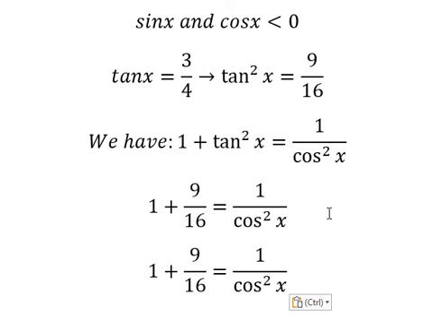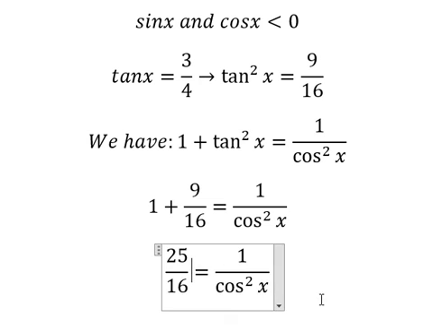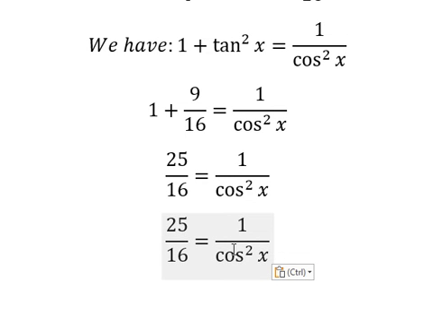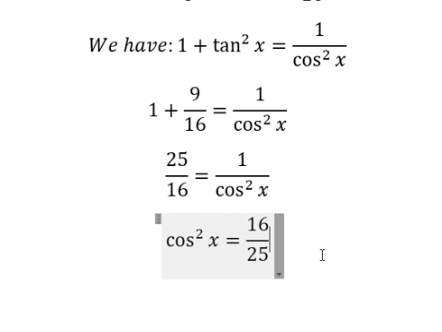We calculate this, and we have 25 over 16. And now we need to swap this, and we have cosine x squared equals 16 over 25.